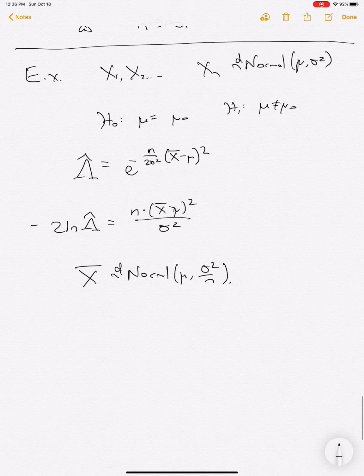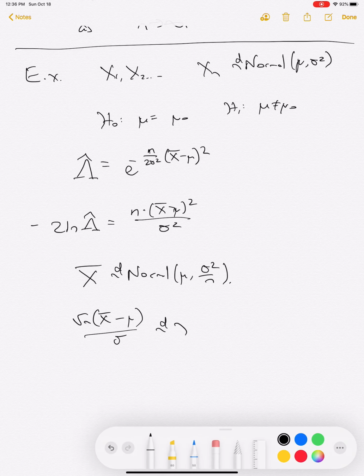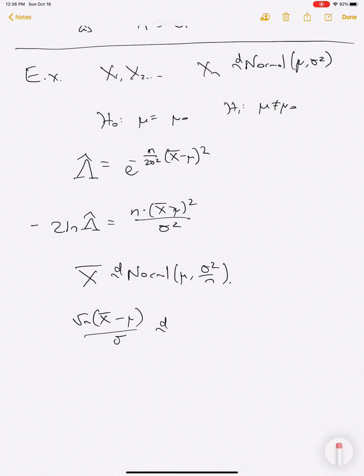Therefore, it clearly follows that square root of n times x bar minus mu over sigma is in distribution normal 0, 1.